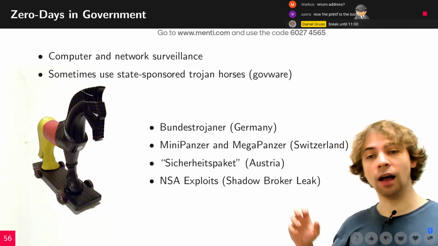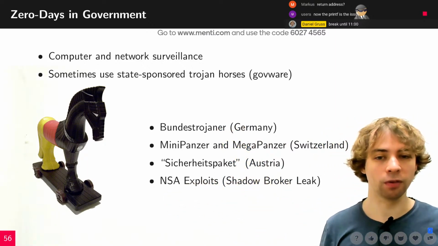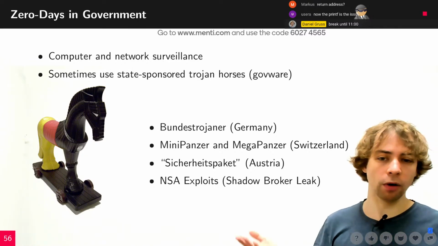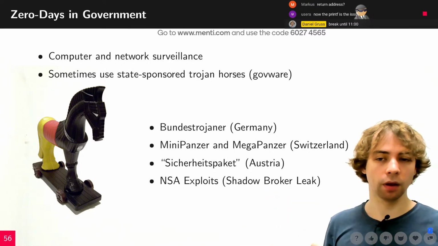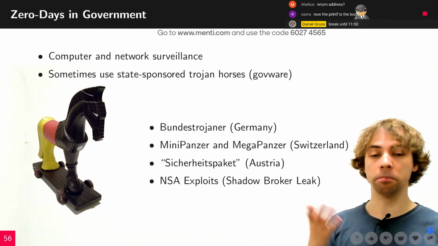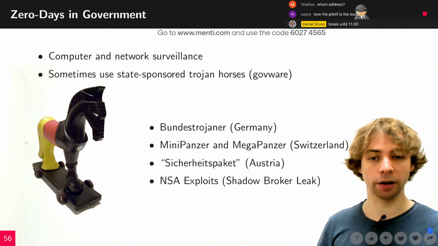How do they do that? How do these Trojan horses work? So the NSA has enough resources to search for vulnerabilities themselves, but possibly they also buy exploits from companies like Zerodium, or maybe even on the black market.